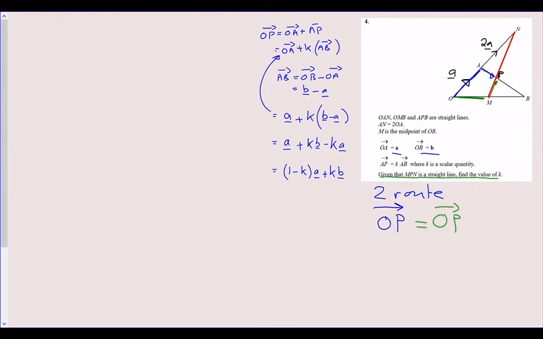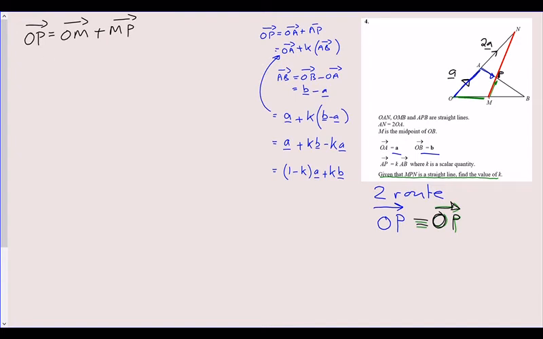Actually, I'm going to change colors and call it the black route. I think it's a bit easier to see that. So getting to OP from the second direction, that's going to be OM plus MP.